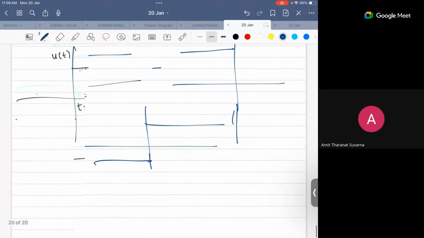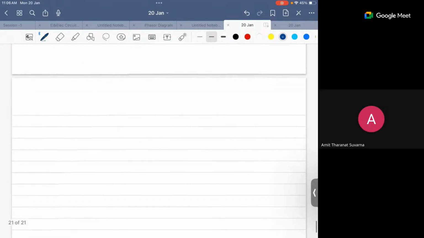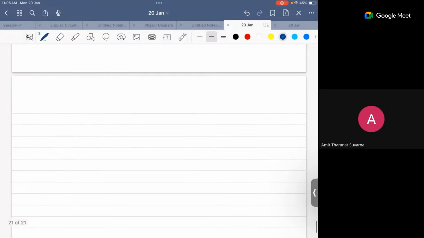Can you write the signum function in any other way? Can somebody tell me what this is? Is this a signum function or not? Yes, sir.